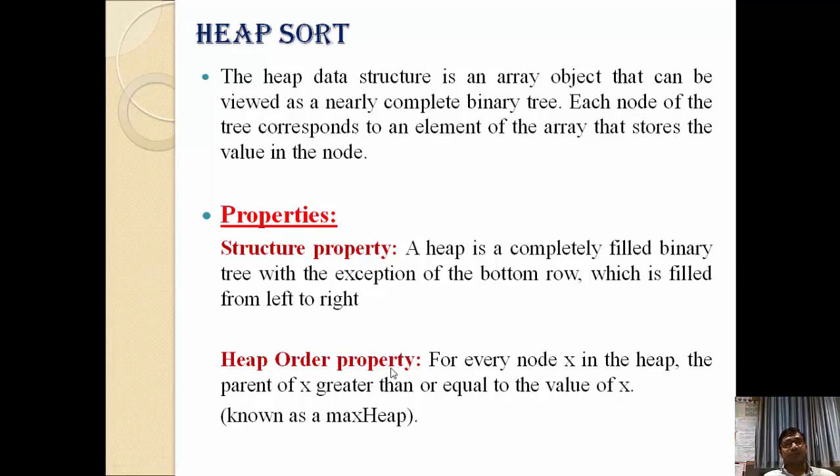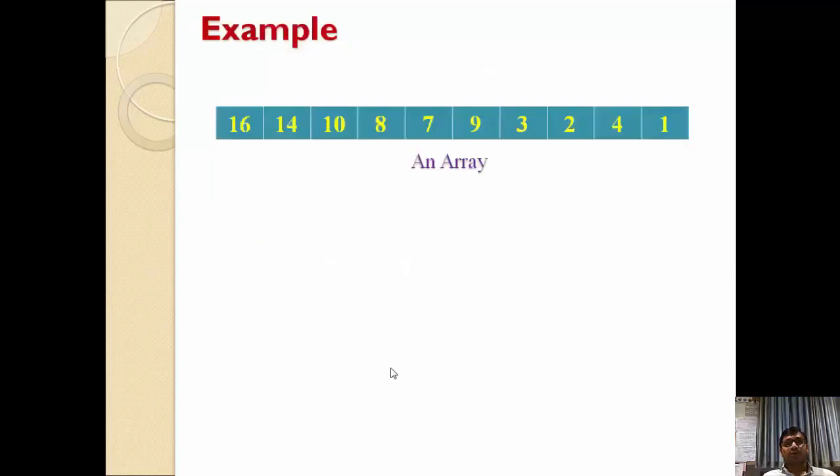Let's take one example so that you can easily understand both properties. Suppose we have a list of elements, which is nothing but one array. In it we have stored the values 16, 14, 10, 8, 7, 9, 3, 2, 4 and 1.